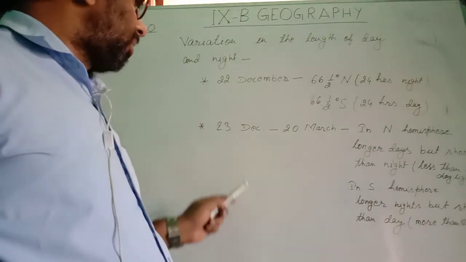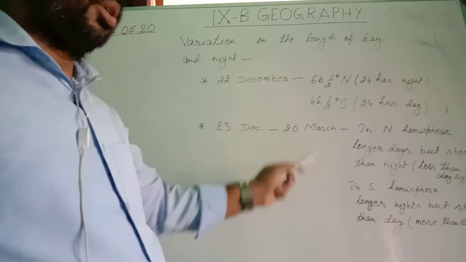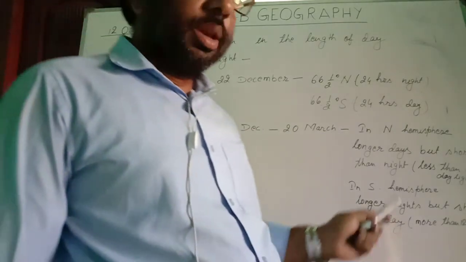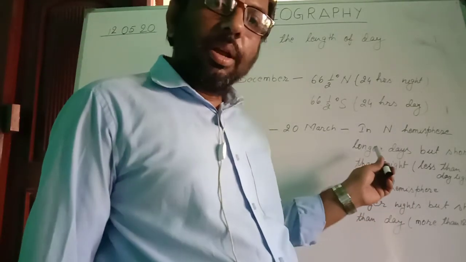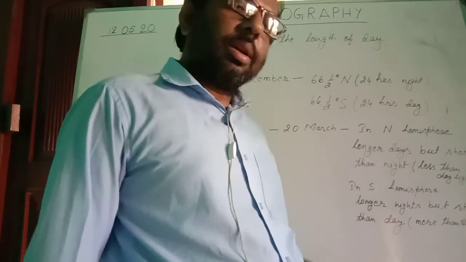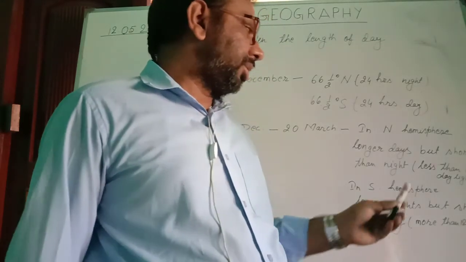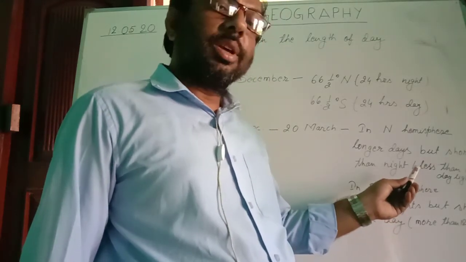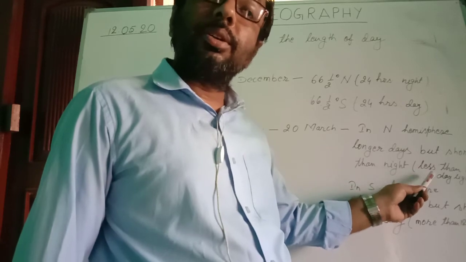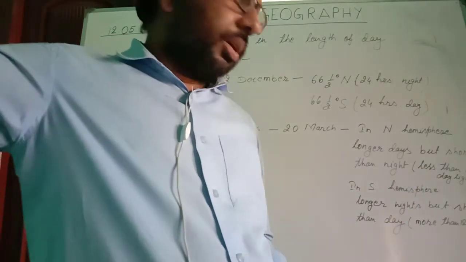And at last we see the phenomenon between 23rd December and 20th March. In the northern hemisphere the days started being longer, but still shorter than night. Shorter than night means the daytime is less than 12 hours, but it started being longer.